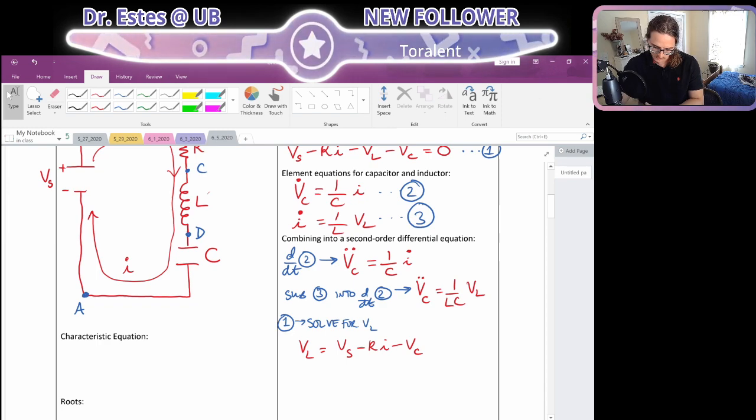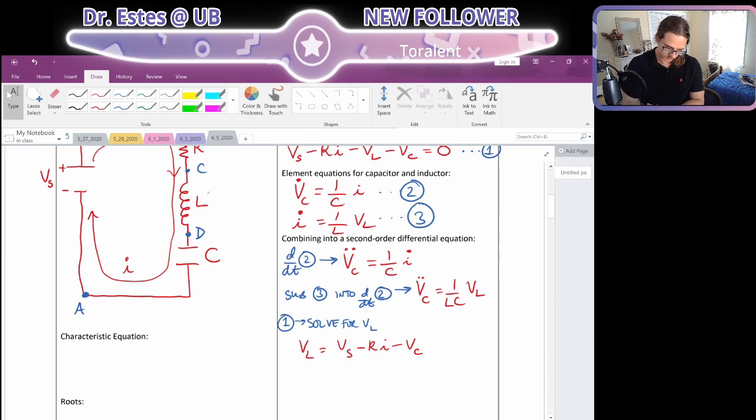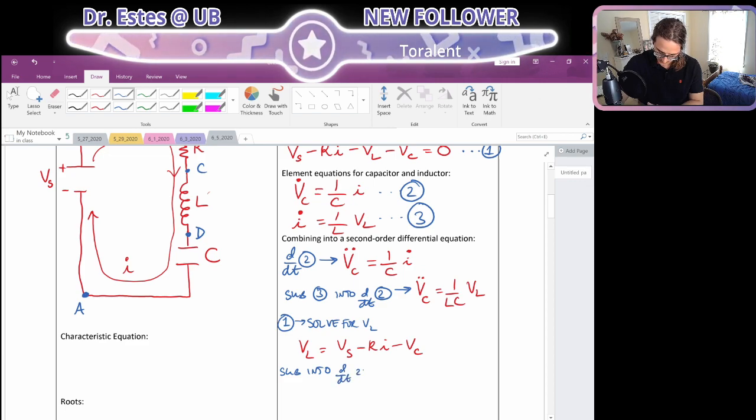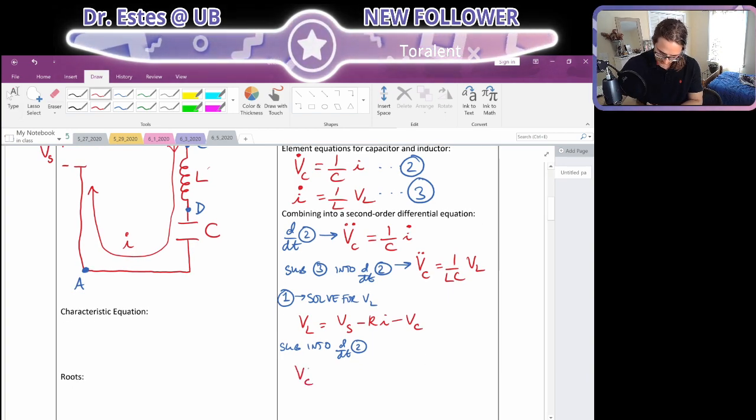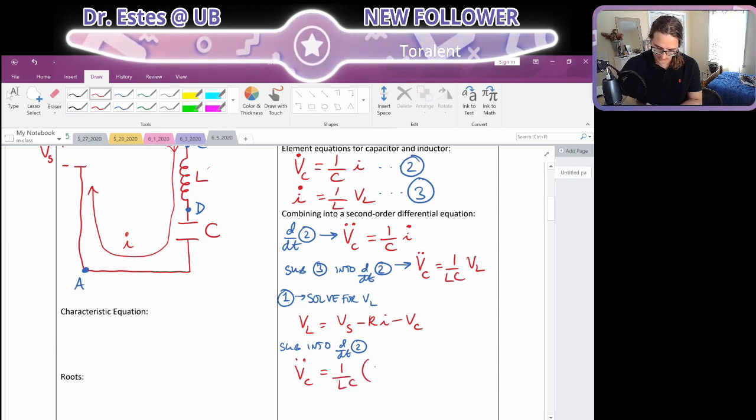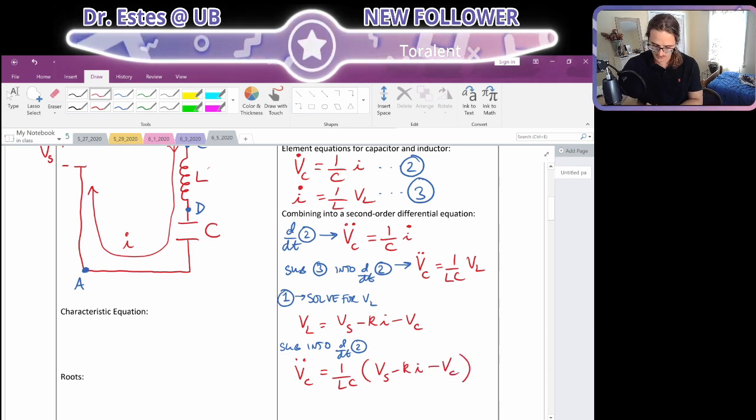Okay. So let's sub this into the time derivative of 2. So that means VC double dot is 1 over LC times VL, and we found that to be VS minus RI minus VC.